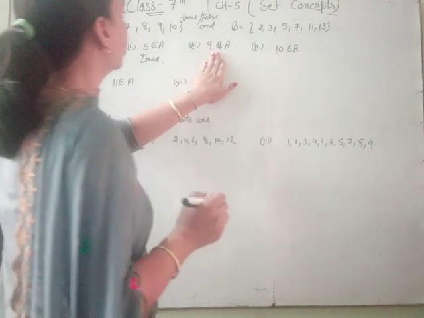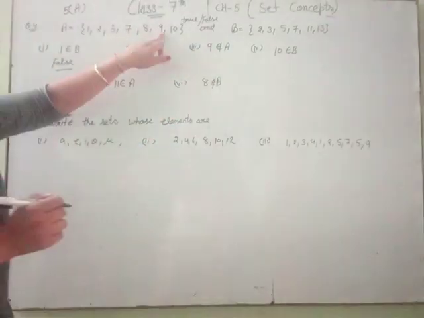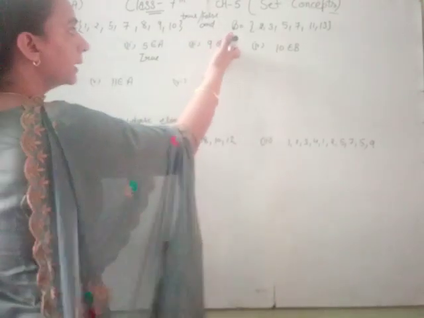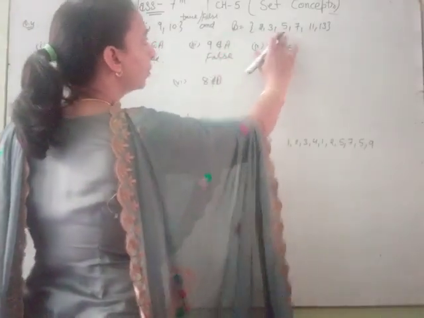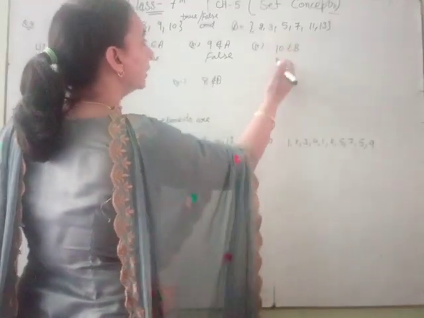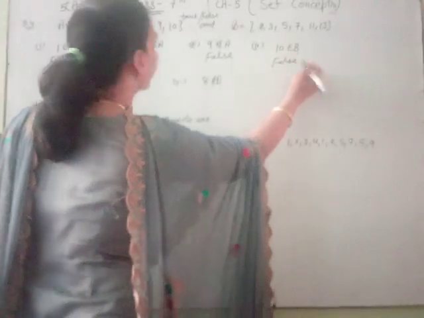Okay. Next, 9 does not belong to A. But 9 is an element of A. 9 belongs to A, so this is false. 10 belongs to B. In set B there is no element 10. So this is false. Okay.